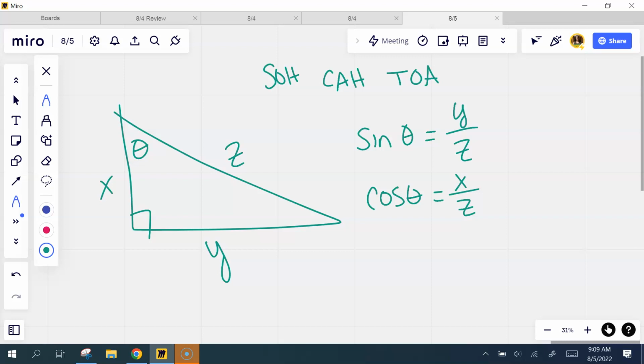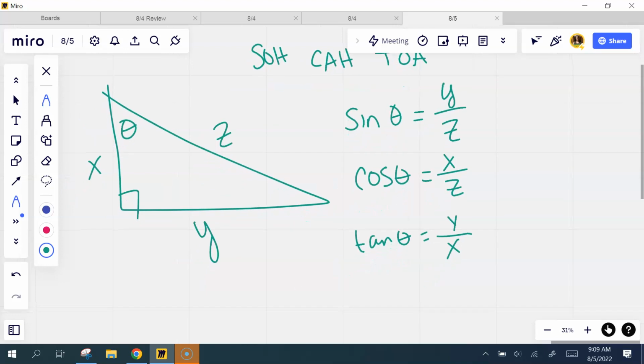How about the tangent? What about the cosecant of theta? There you go.